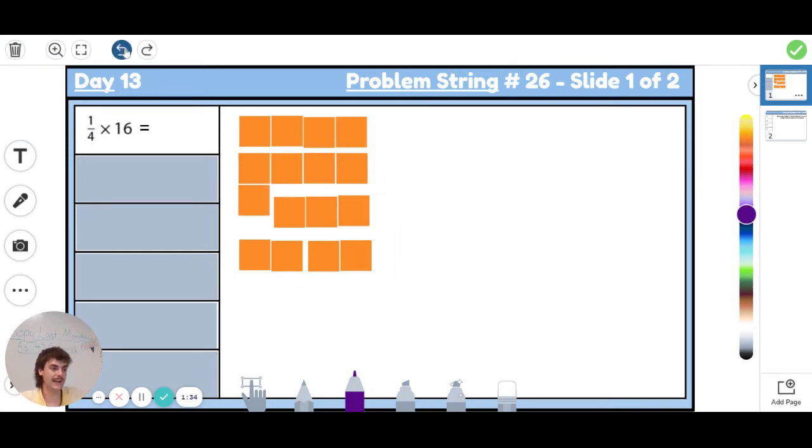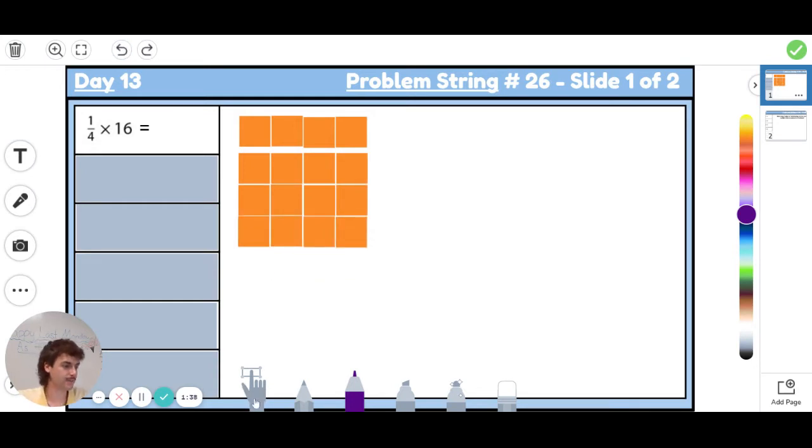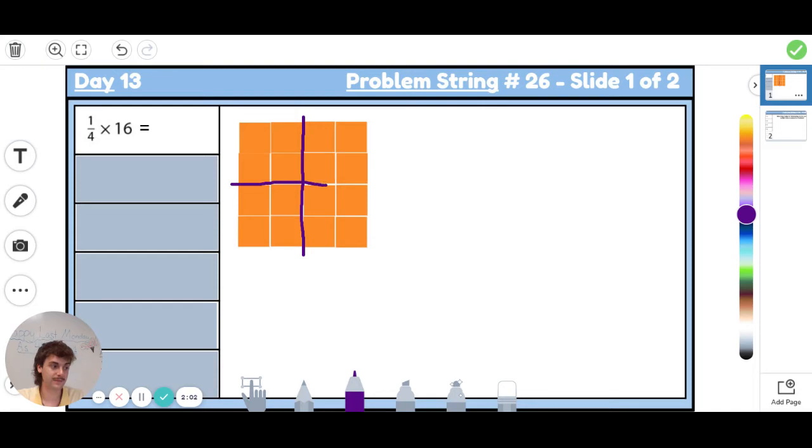You could have also looked at it like this. If I move this just a little bit more, we know that half of 16 is 8. So I know that half of 16 is right here. So I could go down, cut that in half, and then I could just cut that 8 in half again. So I could cut it like this.